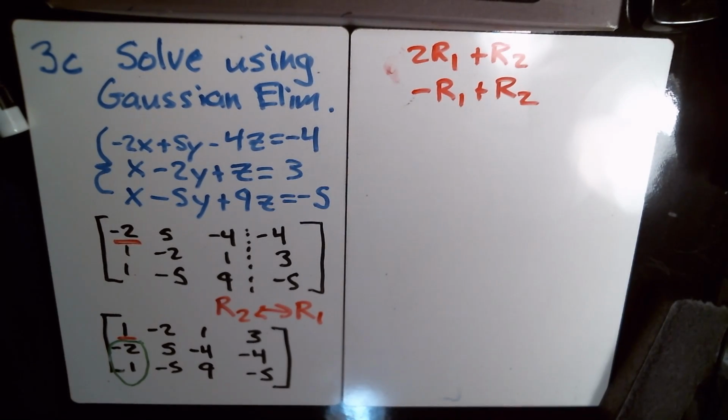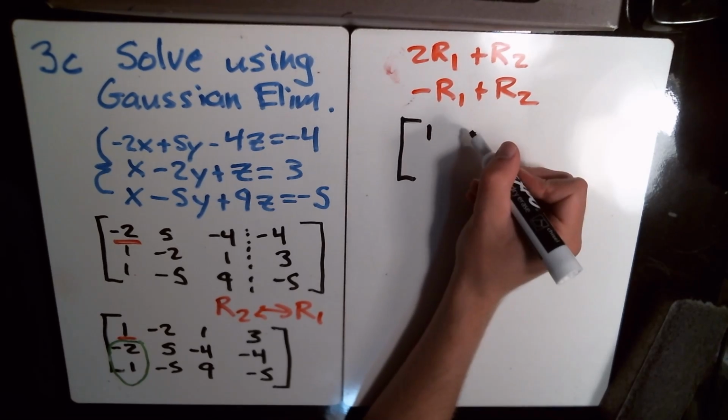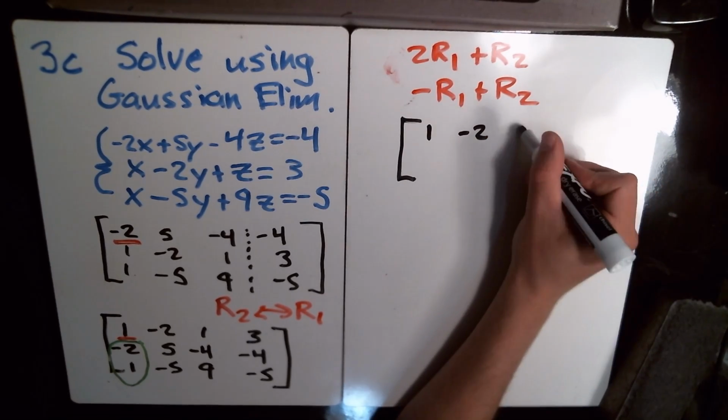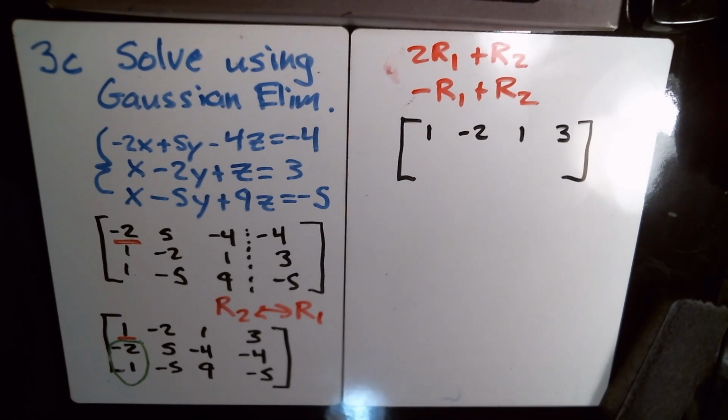So I'm going to get those to be 0 down below it. Okay, so that first row isn't changing, but the second row is, right? We took 2 times the top row and then added it down to the bottom.